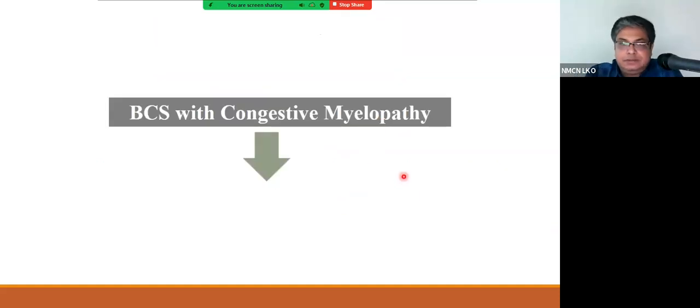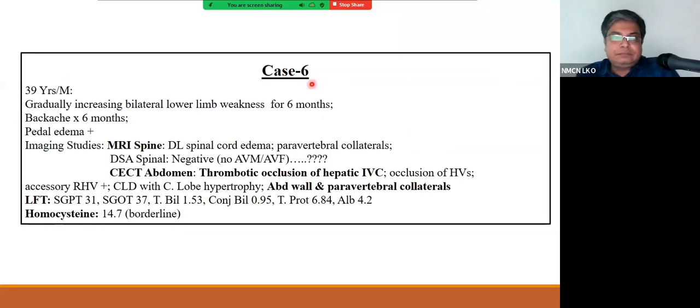Coming to this third group of patients, that is BCS with congestive myelopathy. These patients presented exclusively with neurological symptoms in the neurology OPD, so it is a totally separate class. A 39-year-old female patient had gradually increasing bilateral lower limb weakness for 6 months, backache for 6 months, and pedal edema.